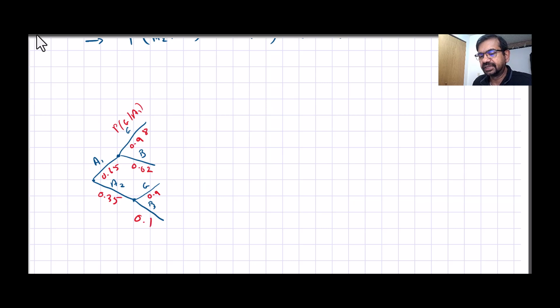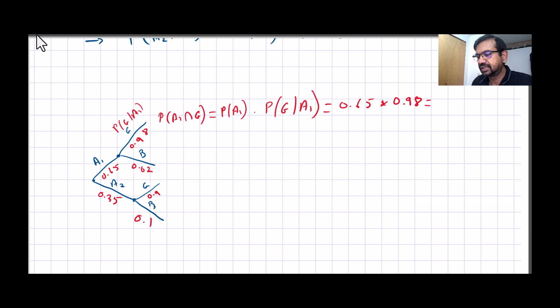So again, for this stream, I will just write one intersection. This is the intersection of A1 and G, and then we said this is equivalent to the probability of coming on path 1, and then times getting a good part conditional on the part being sourced from A1, and this is 0.65 times 0.98, which we said was 0.637.